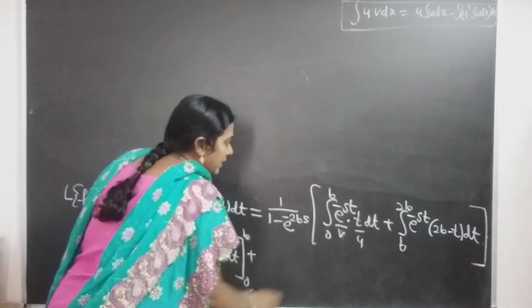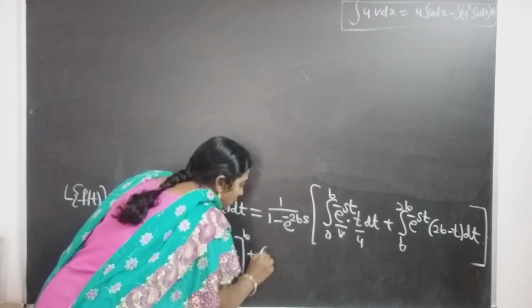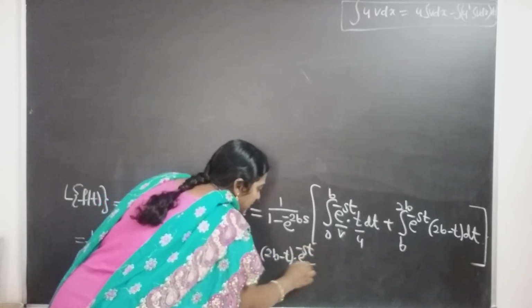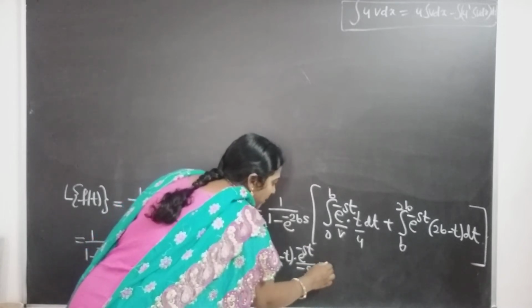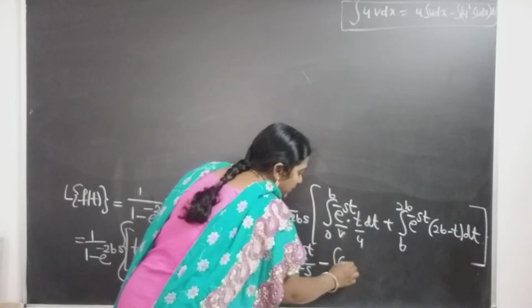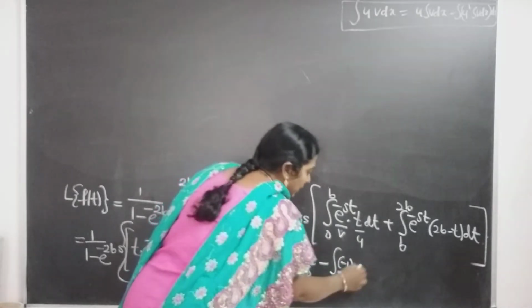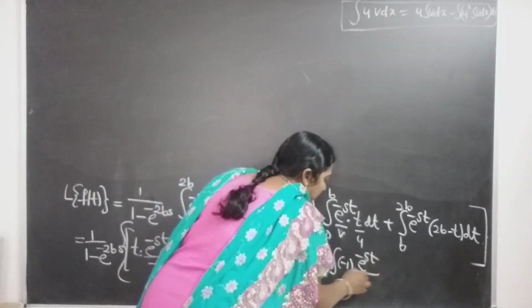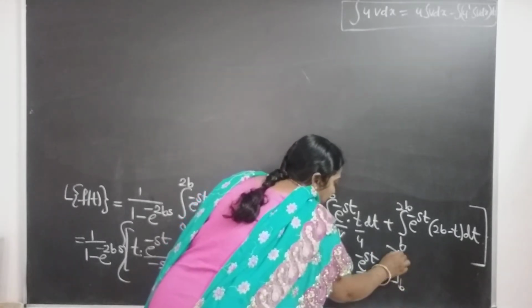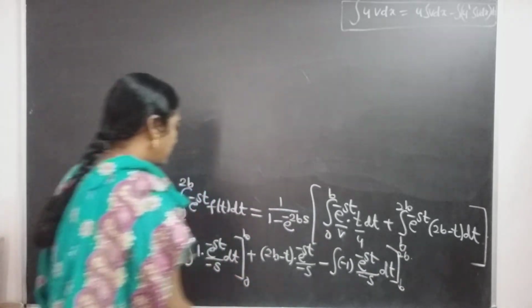Plus, from the second integral, 2b minus t into e power minus st by minus s, minus the integral of the derivative of 2b minus t, which is minus 1, times e power minus st by minus s, dt, with limits from b to 2b.